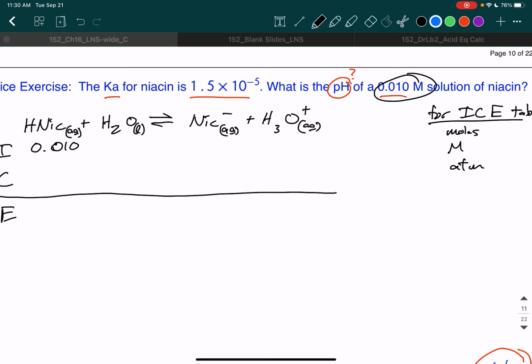Well, what that means is that the conjugate base and the hydronium initially is 0. Initially literally means initially. Nothing's happened yet. Okay? That is useful in a minute or two. What about water? Well, water wasn't in our Ka expression, which I'll rewrite in just a second. And so pure liquids and pure solids are omitted. You don't have to worry about it in the ICE table.